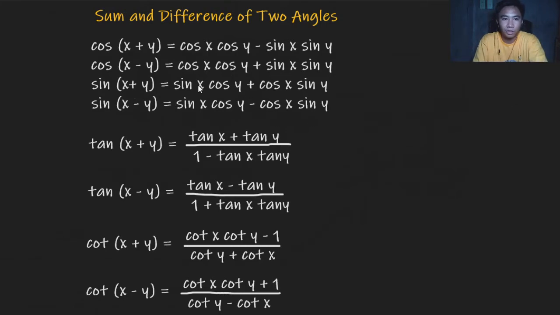And then, goods ka na. So, ito naman, sine x plus y. So, sine x, cosine y, plus cosine x, sine y. Then, nung naging minus siya, naging negative din. Then, ganun din sa tangent x plus y, tan x plus tan y all over 1 minus tan x tan y. So, kung pansin nyo, positive to, and then negative sa baba. And then, yung naging minus na, naging negative sa taas, and then positive. So, nag-change lang siya ng sign.